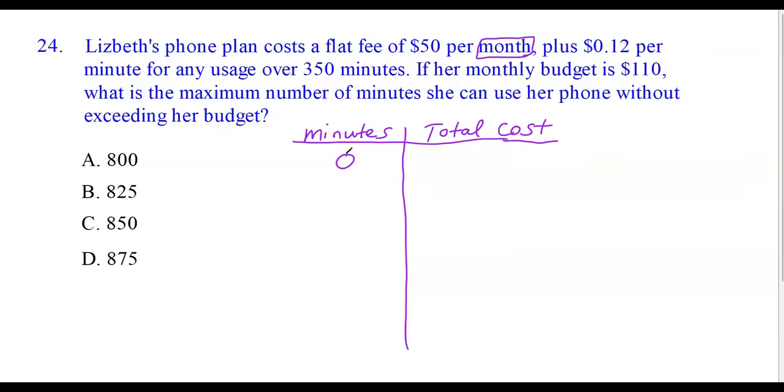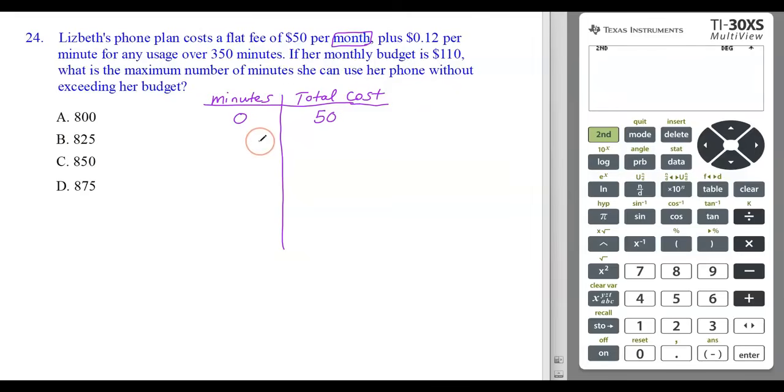How much would her phone bill be when she gets it in the mail? It says Lisbeth's phone plan costs a flat fee of $50. So no matter how many minutes she uses the phone, she has to pay that flat fee of $50 each month. So if for that month she used it for 0 minutes, she'd still have to pay the flat fee of $50 from right here.